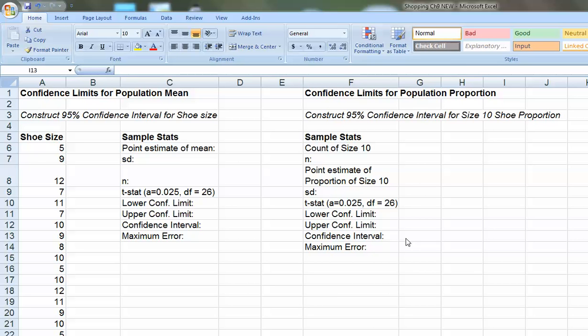I am going to create a confidence interval about my point estimate of the proportion of size 10 shoes.